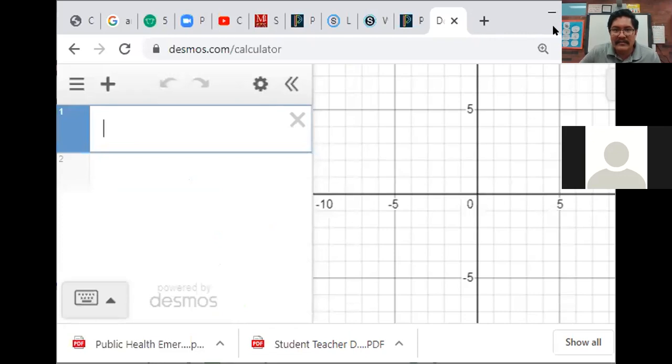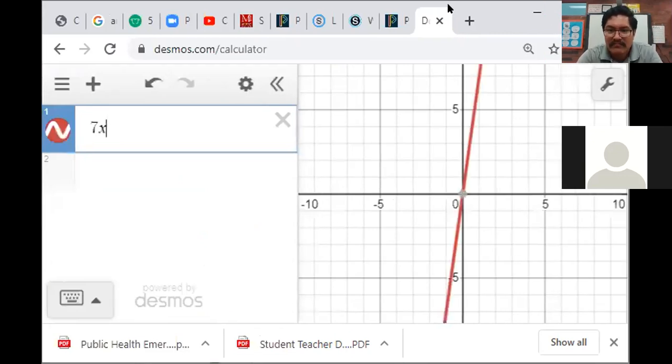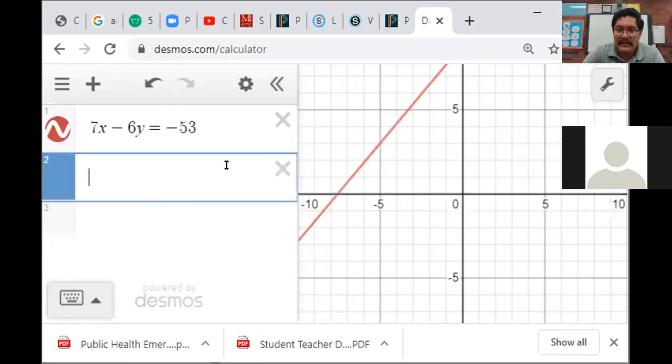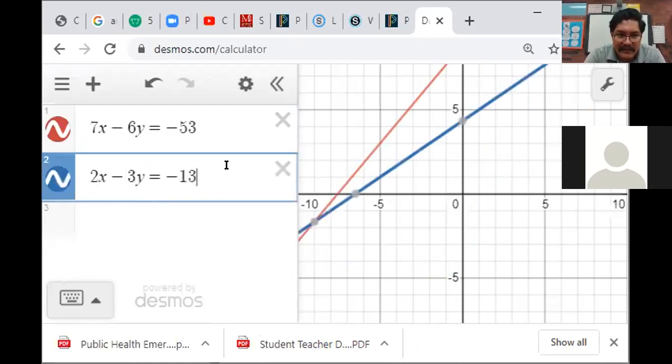And this is something you can do with pretty much all of the problems. 7x minus 6y equals negative 53. And now I'm going to go ahead and type in the next one. Oopsie, what did I do? Oh. Okay, I didn't know you could do that. That's useful to know in case I need to turn off a graph.